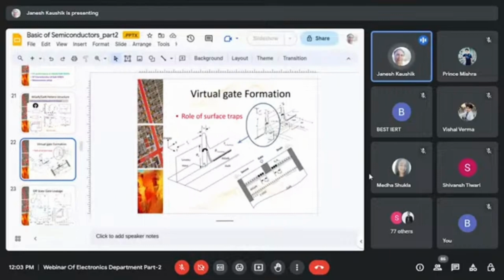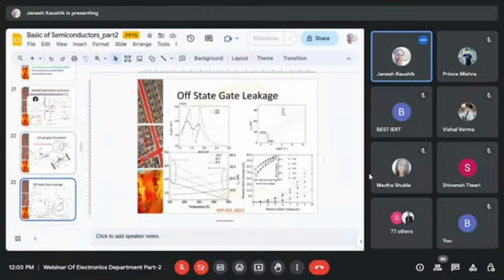And in practical operation, the drain voltage is much higher than the gate voltage. So most of the edge leakage current flows in the side walls of this Schottky metal gate on the drain side of the edge. So we can use the information from this gate leakage current to calculate what the surface state distribution is.